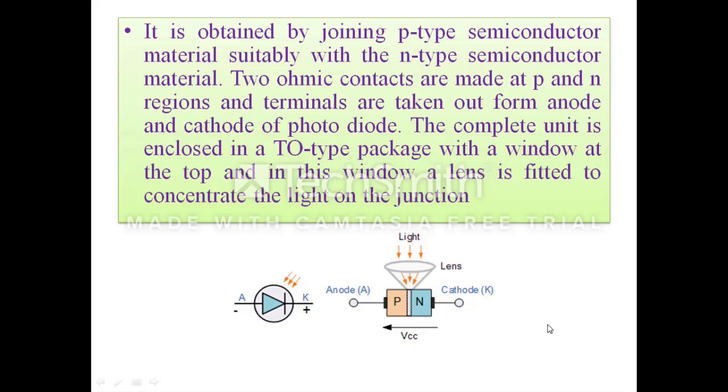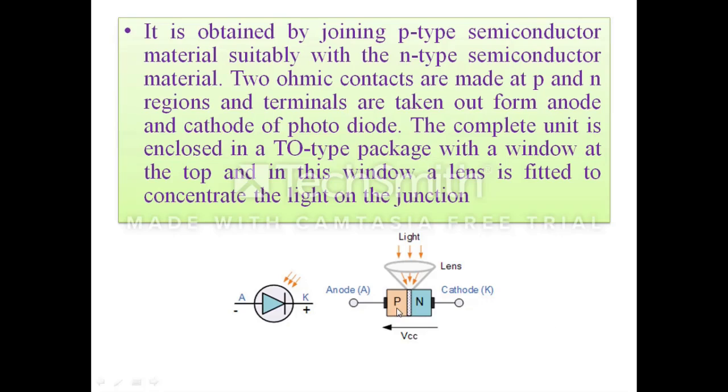It is obtained by joining p-type semiconductor material suitably with n-type semiconductor material. Two ohmic contacts are made at the P and N regions, and terminals are taken out, which form the anode and cathode of the photodiode. The complete unit is enclosed in a TO-type package with a window at the top, and in this window a lens is fitted to concentrate the light on the junction.